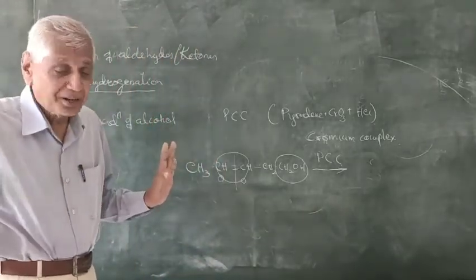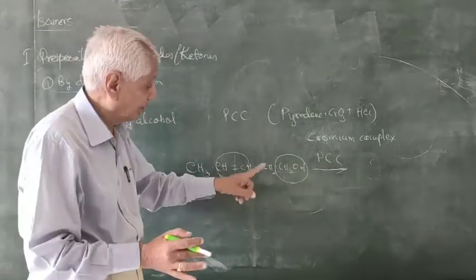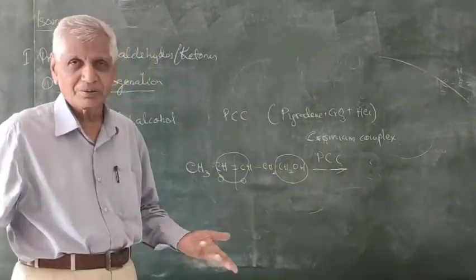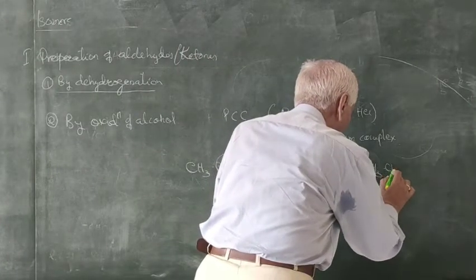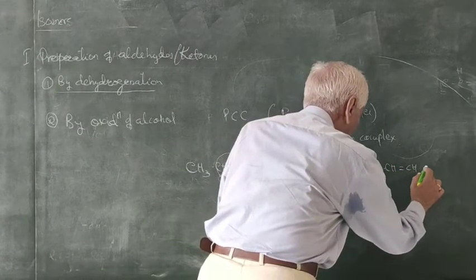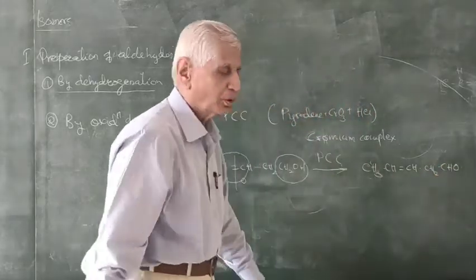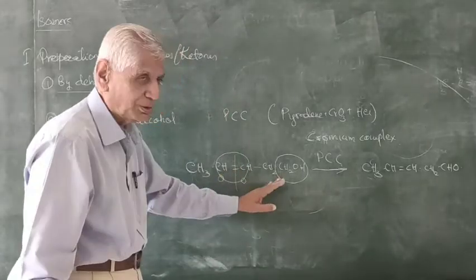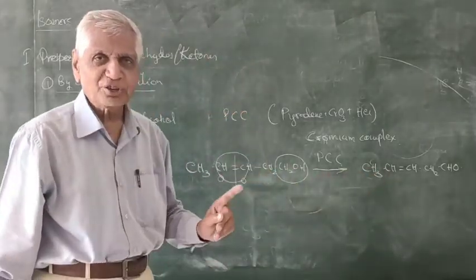Nothing happens there, because PCC is a reagent which acts only at primary or secondary alcohol. Therefore, you are getting CH3, CH, double bond CH, CH2, CH2. So to get unsaturated aldehyde from unsaturated alcohol, you have to make use of PCC.